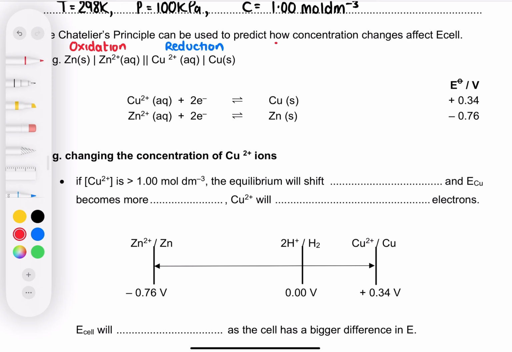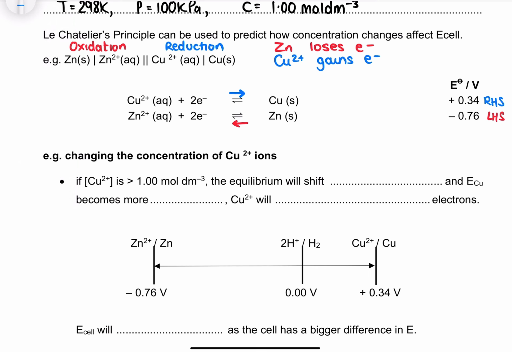So in this reaction, zinc loses electrons to become zinc 2+, and copper 2+ gains electrons to become copper. Our more negative one is on the left-hand side, and our more positive one is on the right-hand side. The left-hand side equation ends up going backwards, the right-hand side equation ends up going forwards.